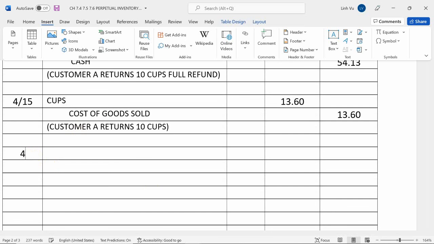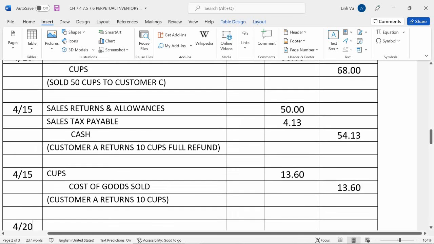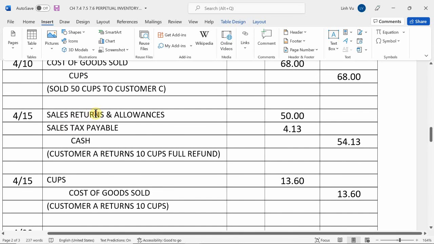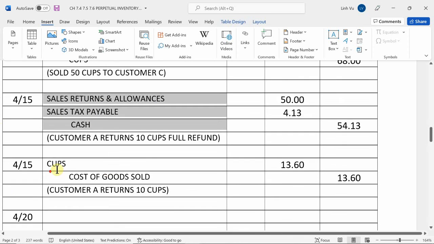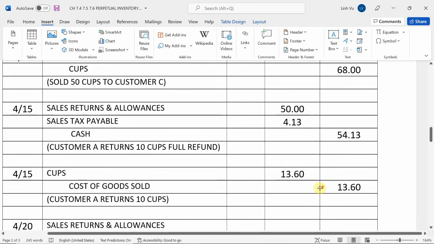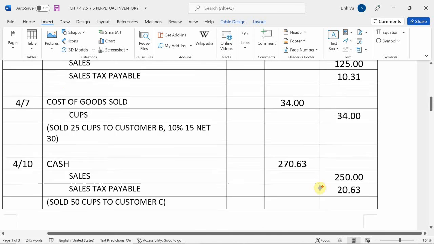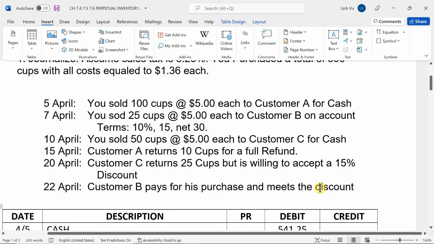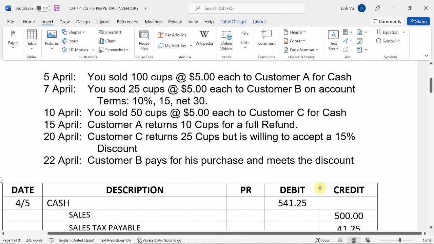Okay, so sales, returns, and allowances would be $18.75, a debit to that. And how did you get $18.75? You take the $5 times the 25, because that's what he paid, and then you deduct the 15%.